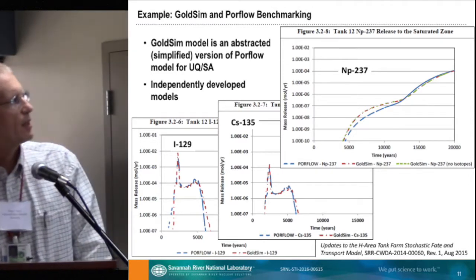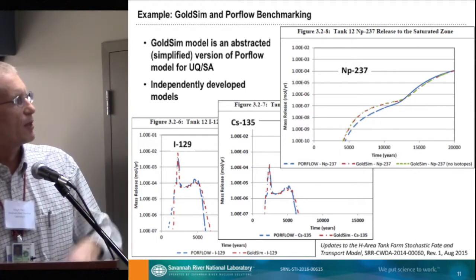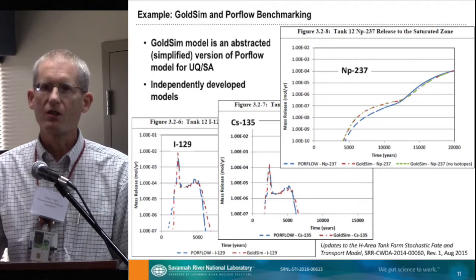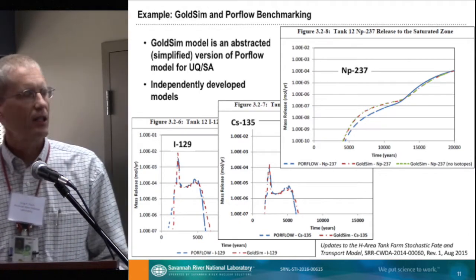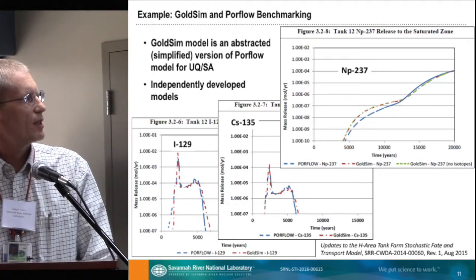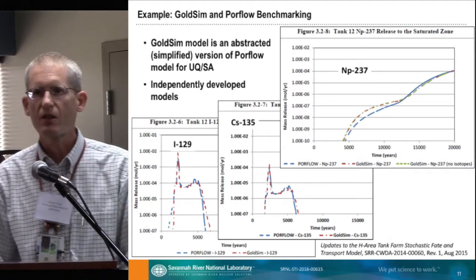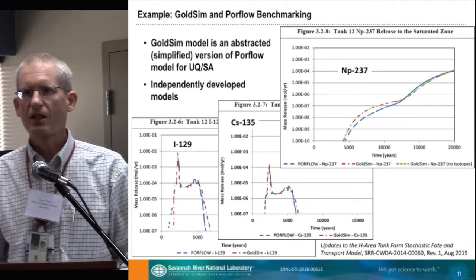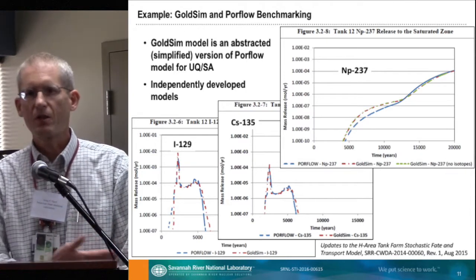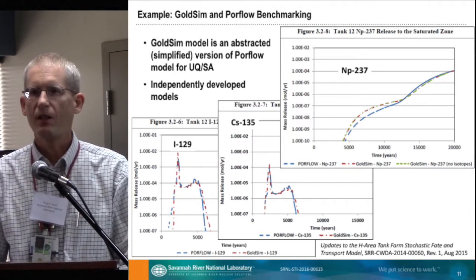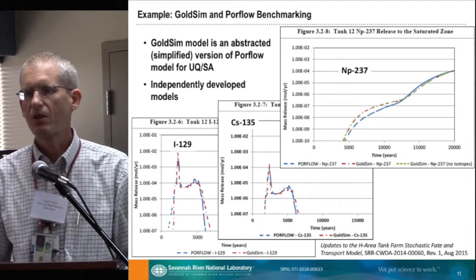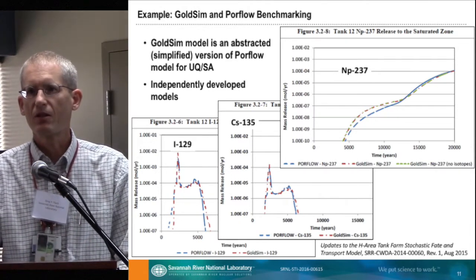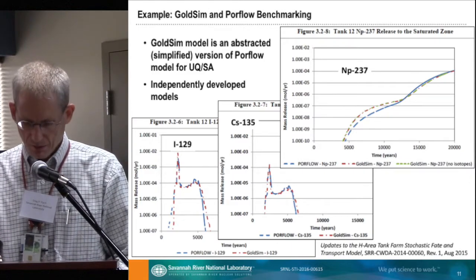But the point is, I've pulled out 3 different nuclides that have different signatures to their release curves, and you can see that both codes are producing similar signatures. I'm not showing any disconnects here, but we've gone through this process and found it very helpful to do these types of code-to-code comparisons to root out problems between the 2 different modeling teams.